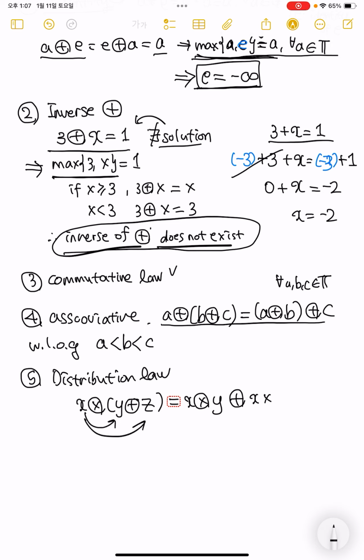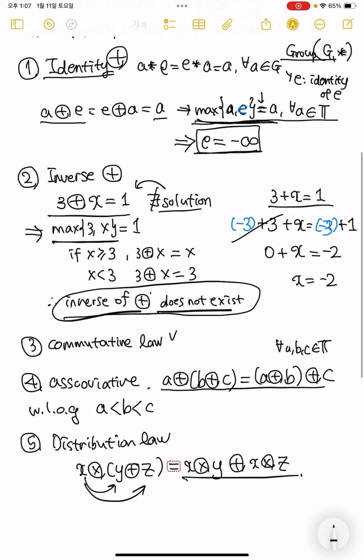So the tropical number system, except for the inverse, is quite a reasonable number system.